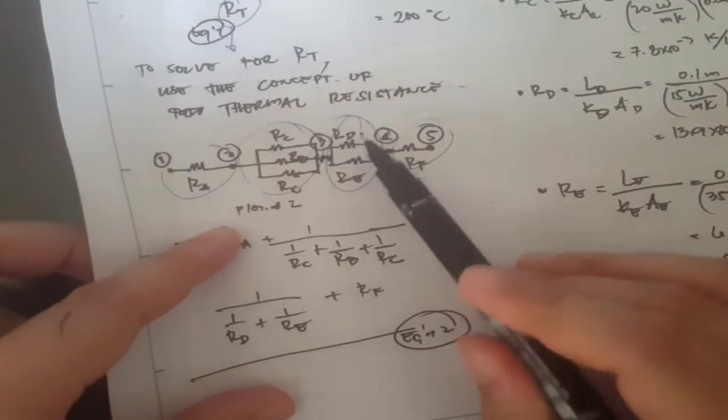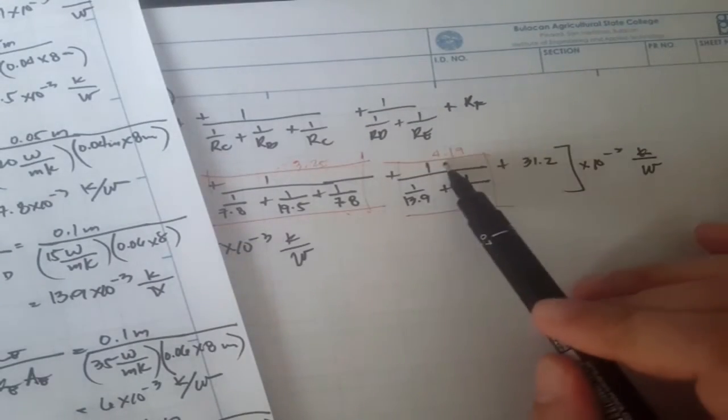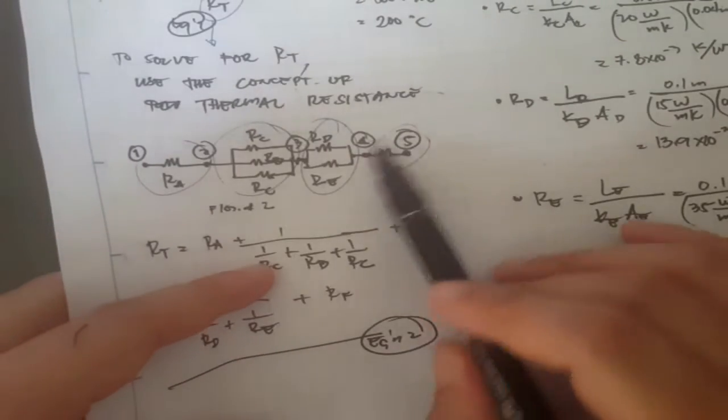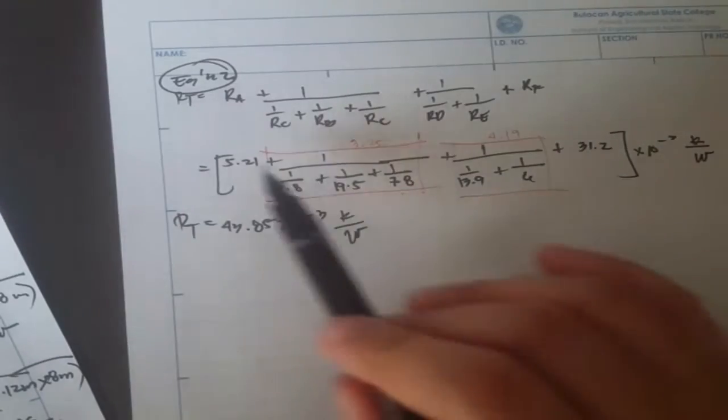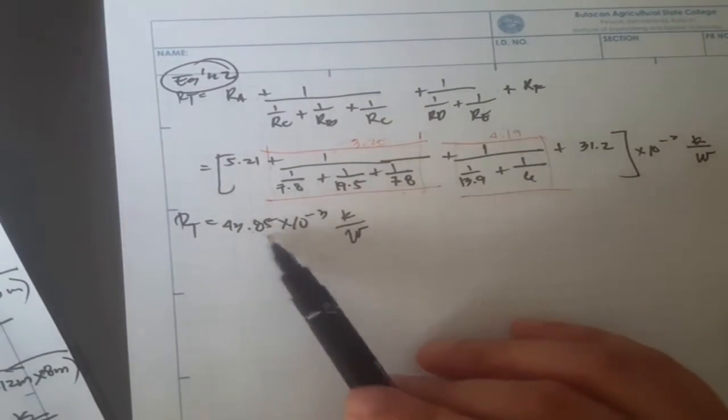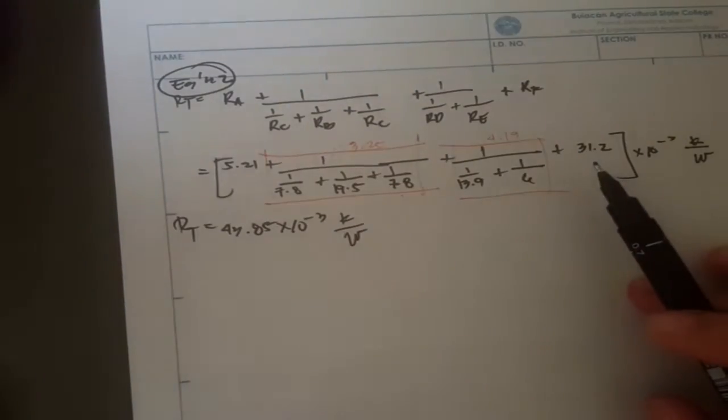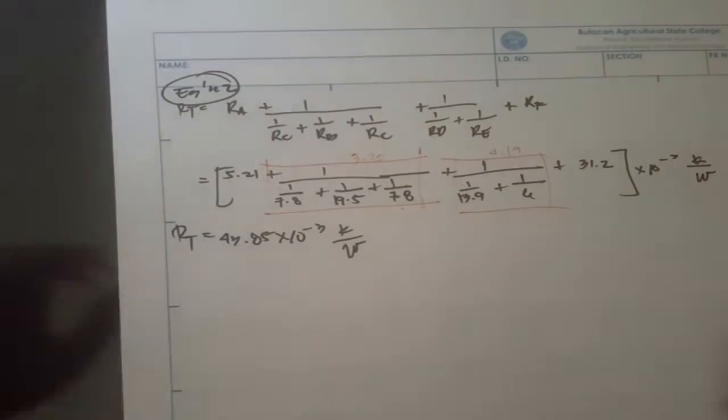The combination of D and E in parallel is this part here, 4.19, and our F here is just this one. So all in all, we have this total, 43.85 times 10 to the negative 3.